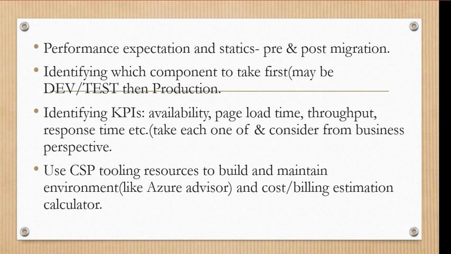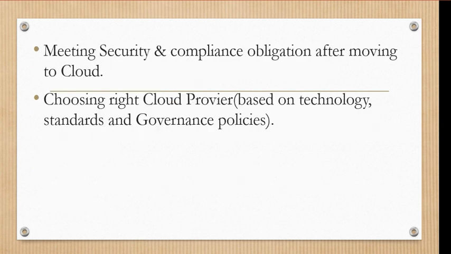And one more point to keep in mind is identifying the right cloud provider, based on the technology, standards or governance policy that they have, and what the customer requirement is. It is really important to understand the capability of the cloud provider, what standards they are following, and whether those standards meet our requirement or not.